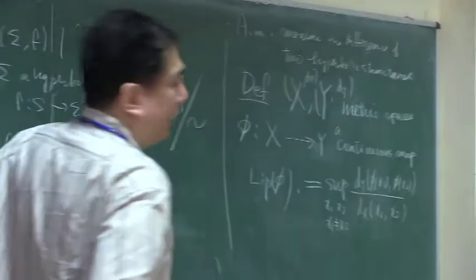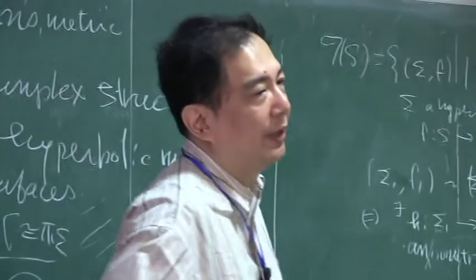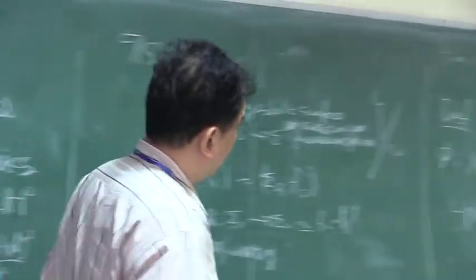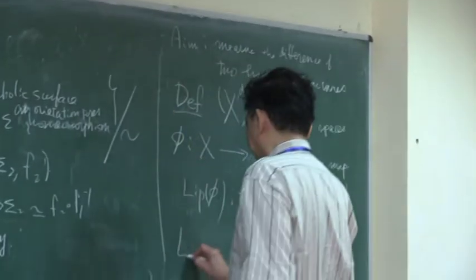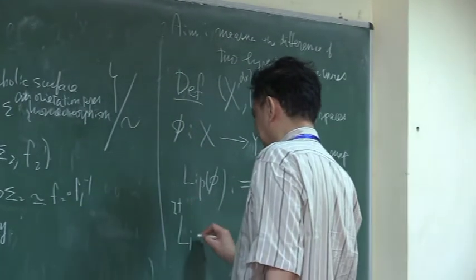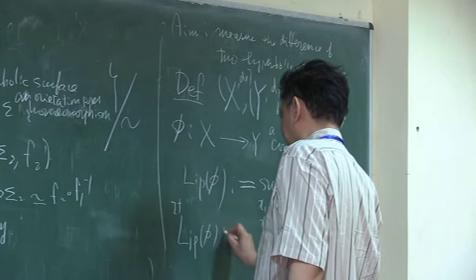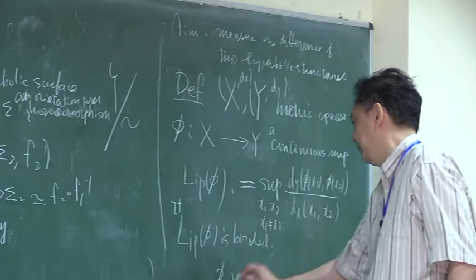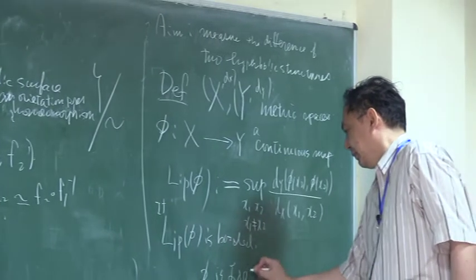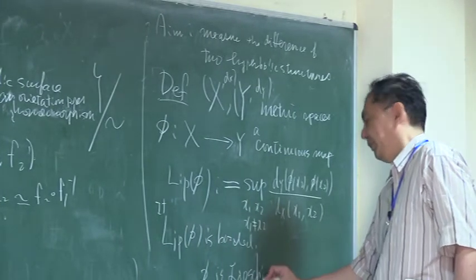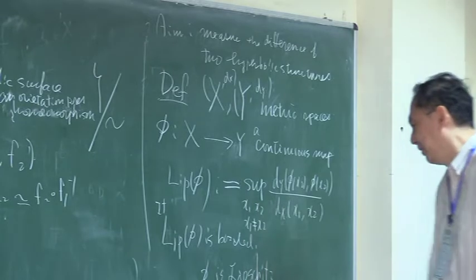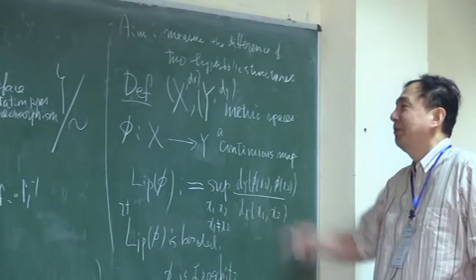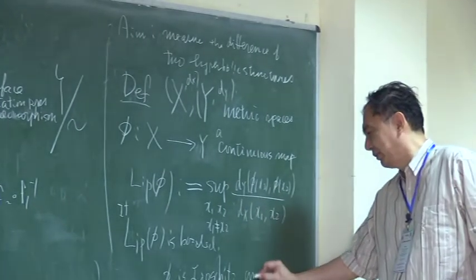This might be infinity. But if this is bounded, then we say phi is Lipschitz continuous.